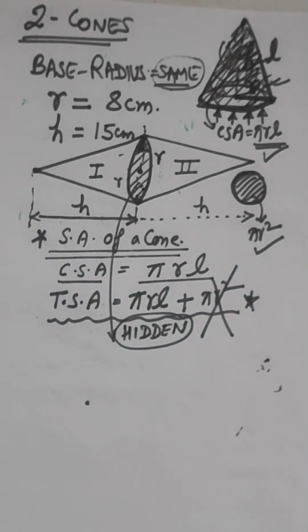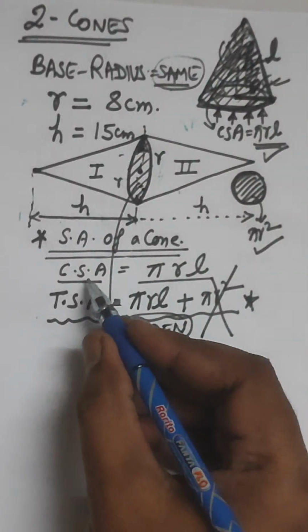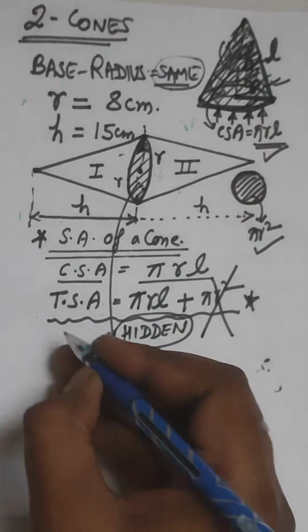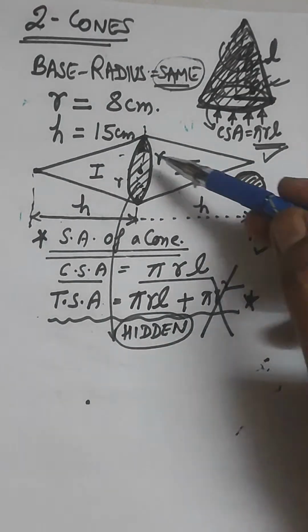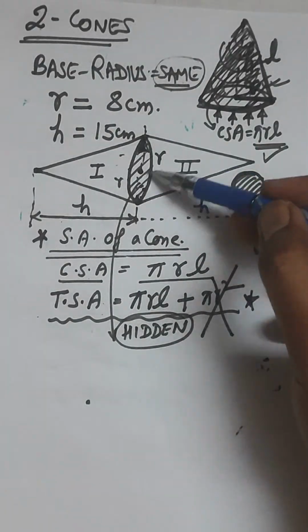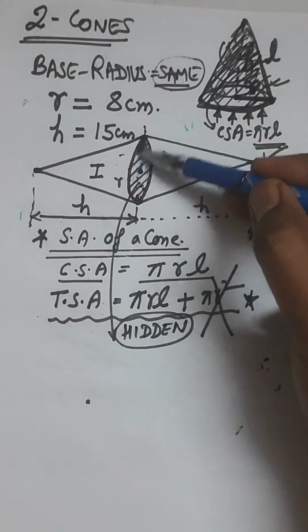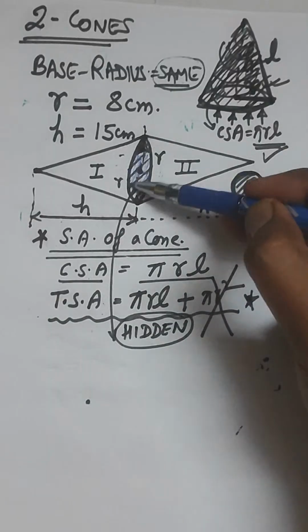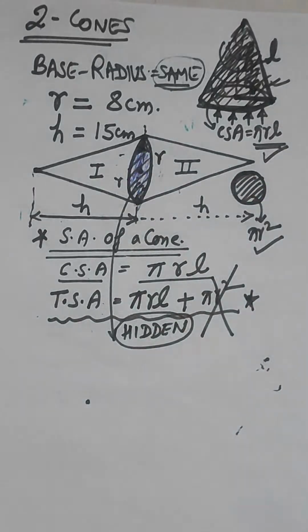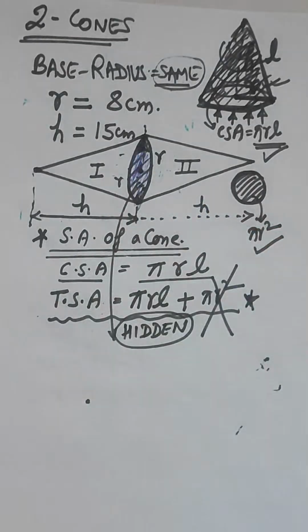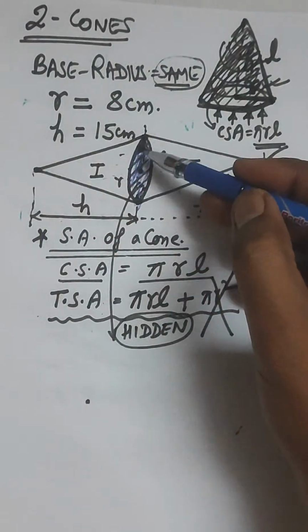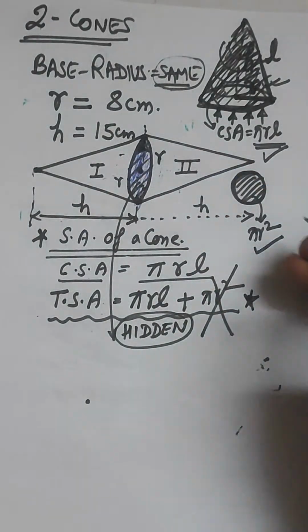So the curved surface area will only be taken rather than the total surface area, because these two cones are attached back to back. Back to back means the area which is in contact, the circular base, is hidden. That's why you are not able to see it from outside.